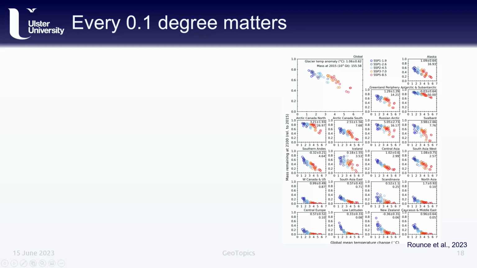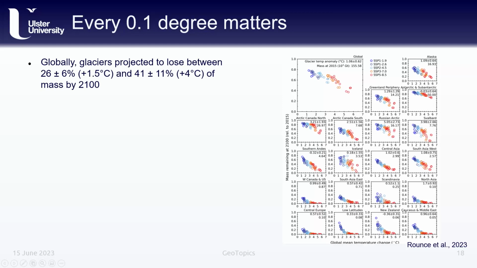And so you can see that overall, glaciers are slated to lose somewhere between about 20% and 40% of their mass by 2100 under the 1.5 degrees Celsius warming scenario up to the 4 degrees Celsius warming scenario.